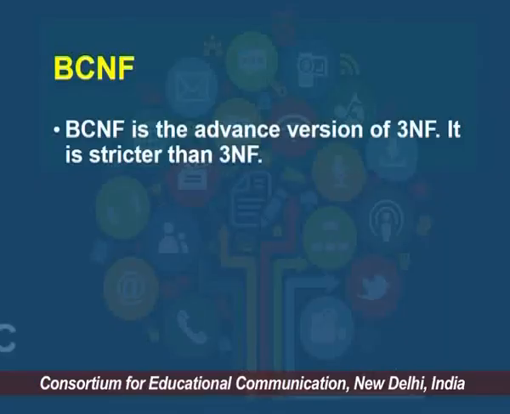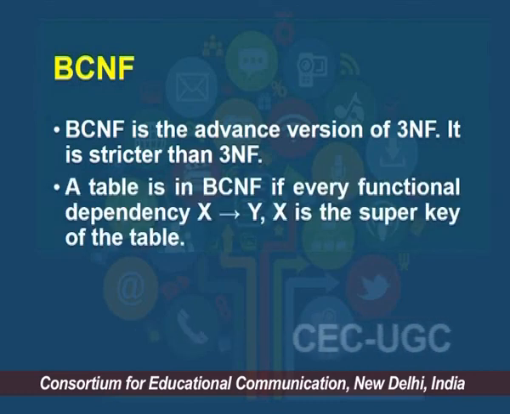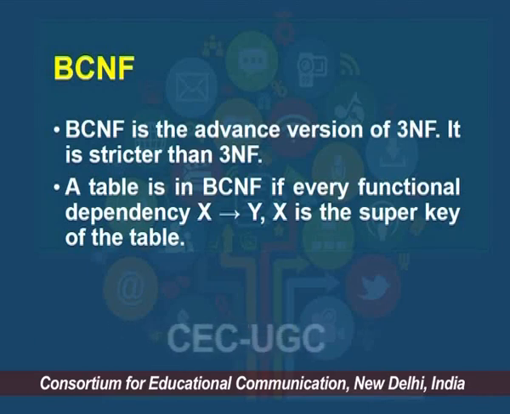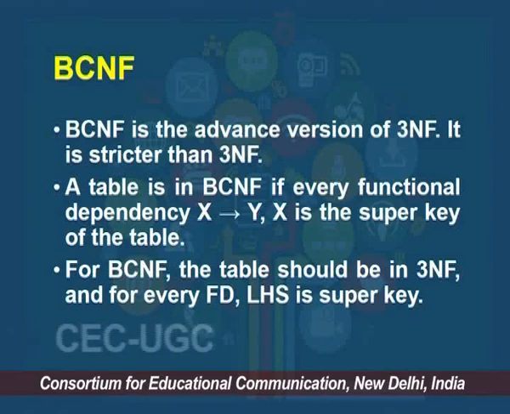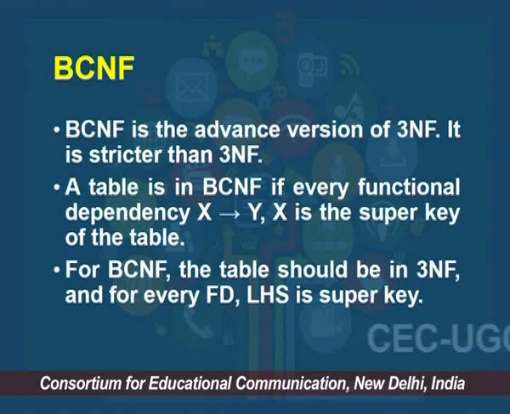So for BCNF, the table should be in third normal form, and for every functional dependency x arrow y, which means y is dependent on x, the left hand side is the super key.